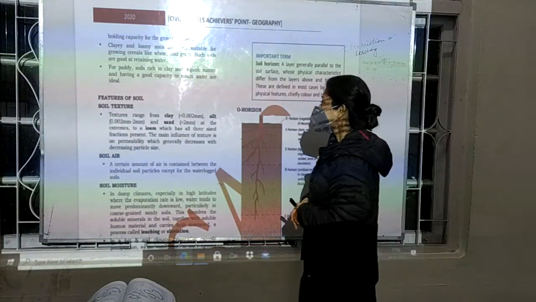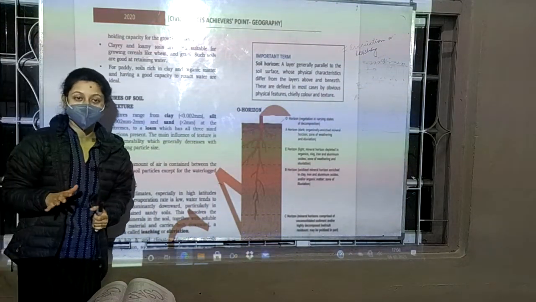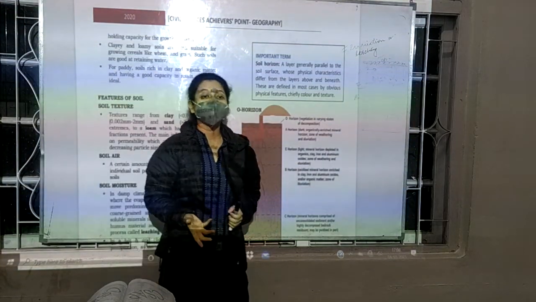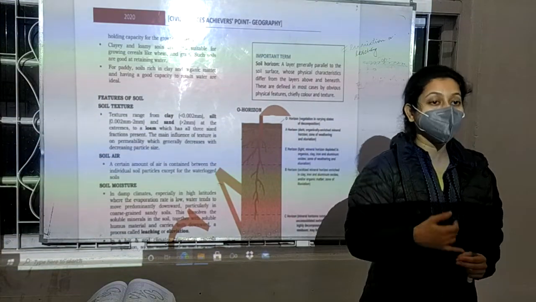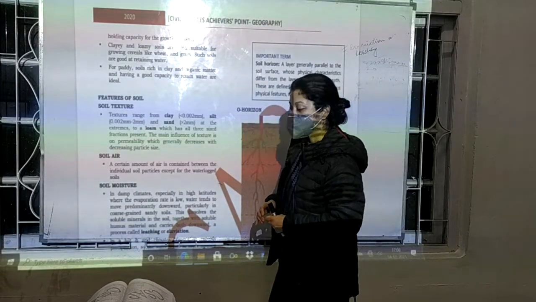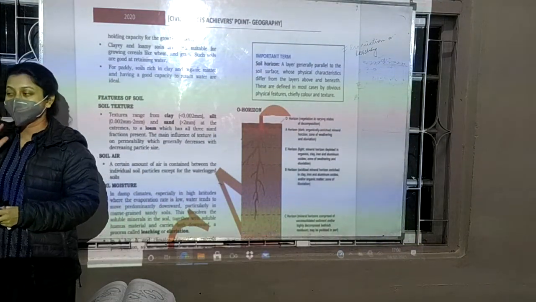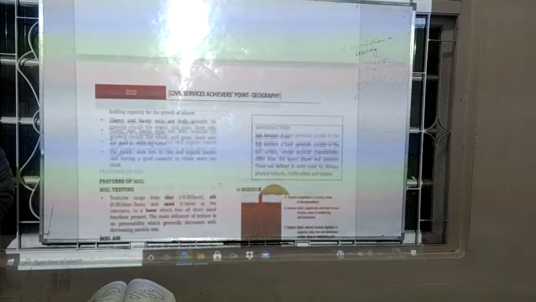There are many factors in how soil is formed, like the main parent rock, then time, how long weathering has occurred, then slope, thin soil and thick soil. All these are factors of soil formation.